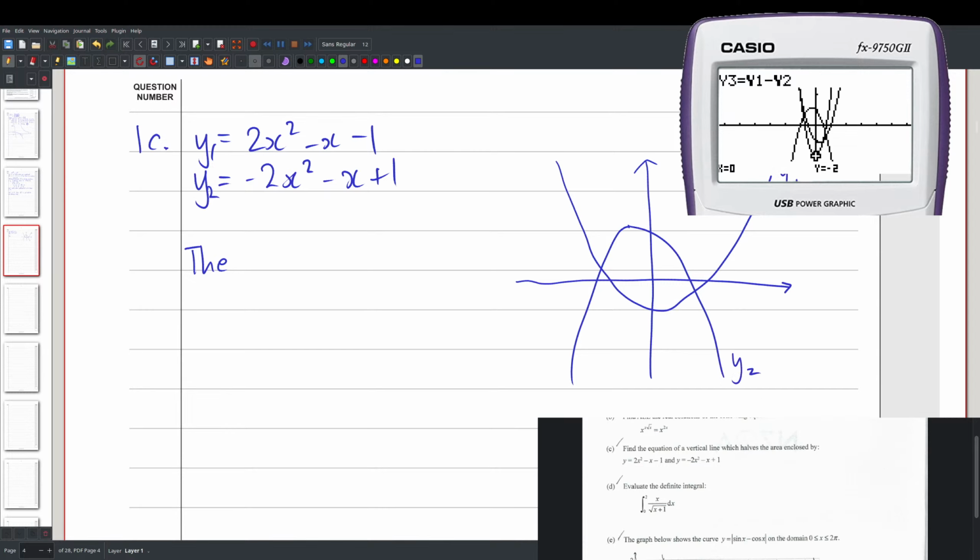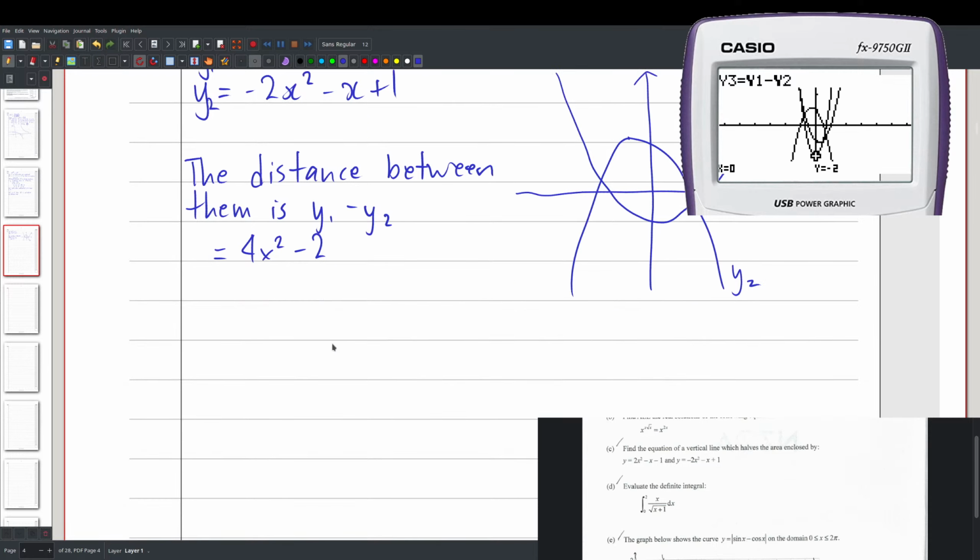So how does this work? The distance between them is y1 minus y2, which is 4x squared minus 2. Funny how that works.